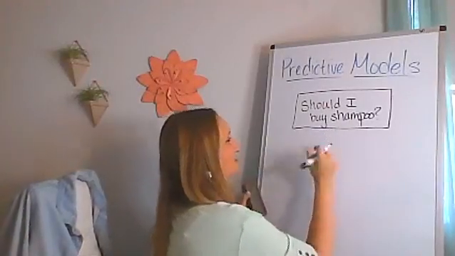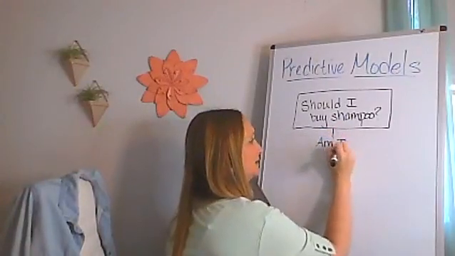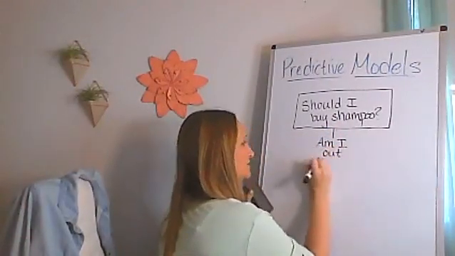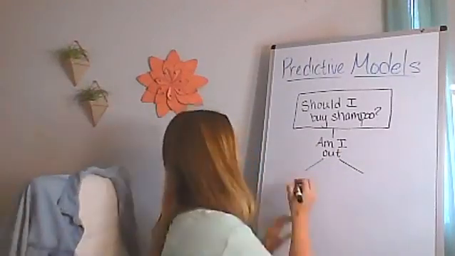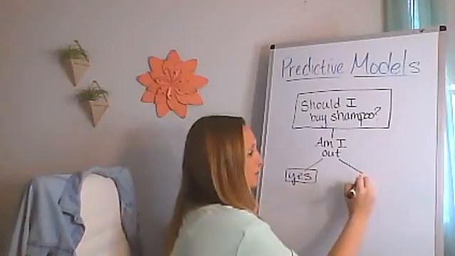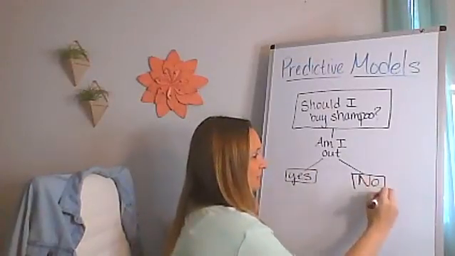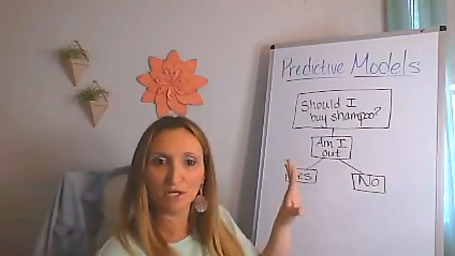You can write it on the branch itself, but I don't like to do that. So, am I out? Now I should branch it. So it's either a yes or a no, right? So you have a yes, I'm out, or a no, I'm not out, okay? And again, I like to box all these. You don't have to. It just helps me. It makes it more clear.